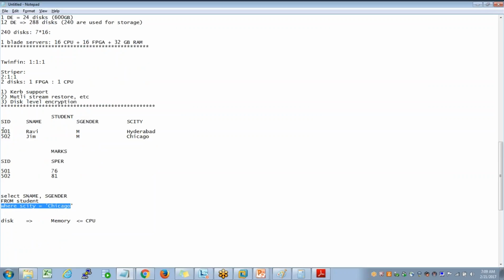For example, here I have 2 million records and here another 2 million records. The join took place first, then the filtration happened by the CPU. Instead of that, another component got introduced: why should the CPU work on unnecessary joins? So there is a component called FPGA that comes in the middle and says, let me filter unnecessary data.